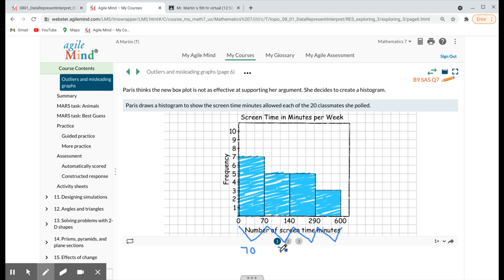And so if the intervals are not the same, then the data is what? Biased. Well, it's misleading. So yeah, it's kind of biased. I mean, the data is correct, but they're taking the data and trying to twist the graph so it makes it look better than what it actually is. There's more people.